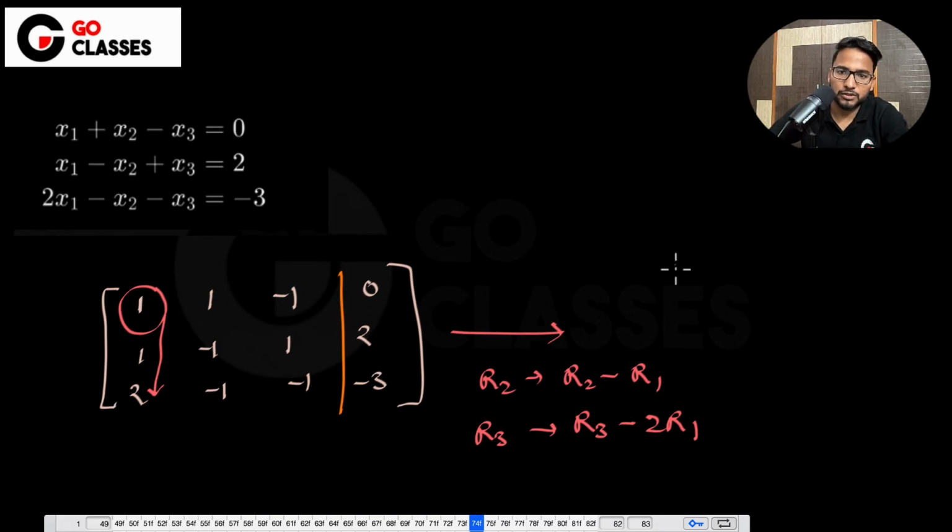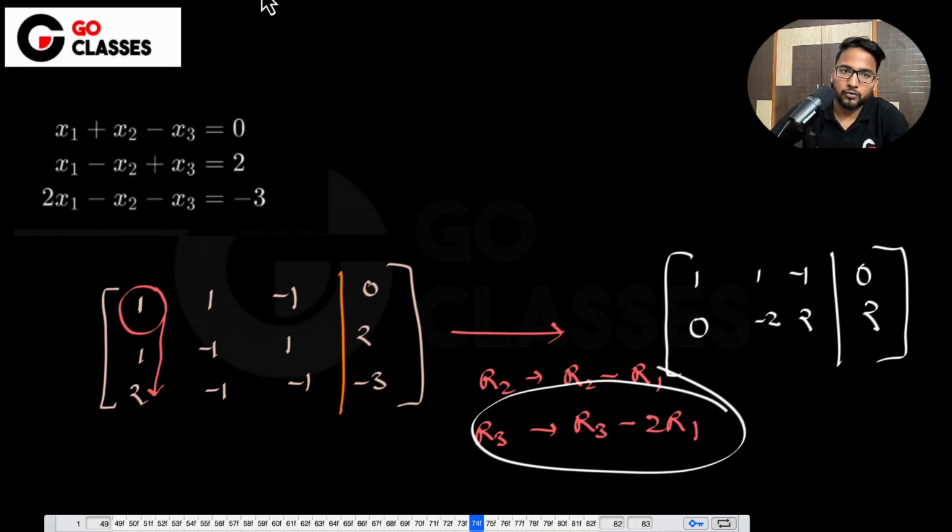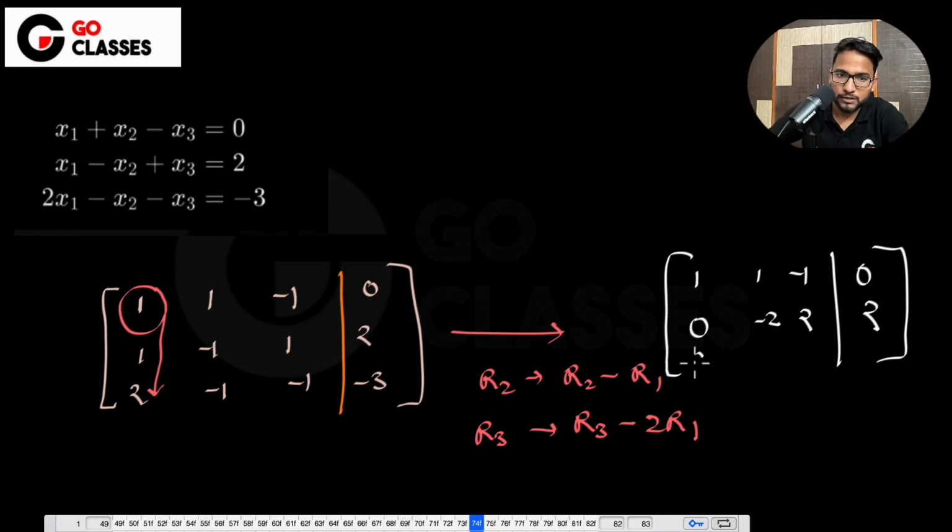So let's make these two zeros. What you will be having is this. This is 1, 1, minus 1, and then this is 0. Now it will be 0 because R2 is going to be replaced by R2 minus R1, so it will be minus 2, it will be 2, and then it will be 2. And R3 is going to be replaced by R3 minus 2R1. So basically you are going to replace this, which means it is 0.